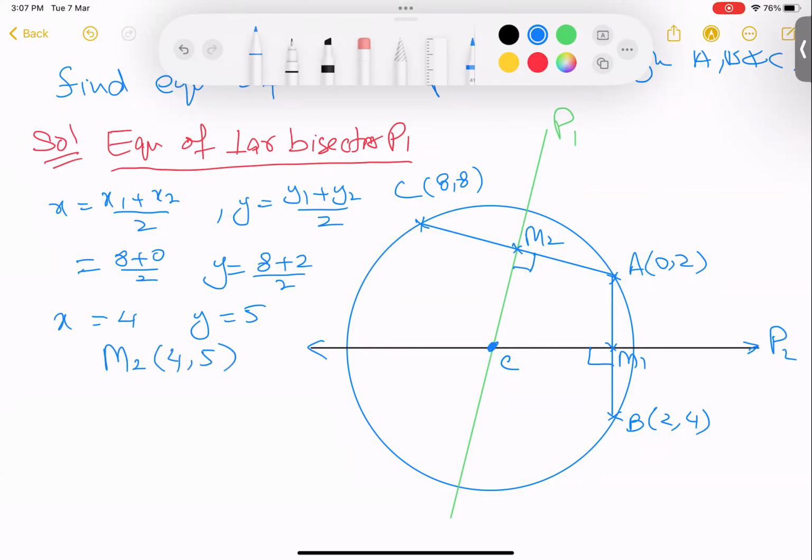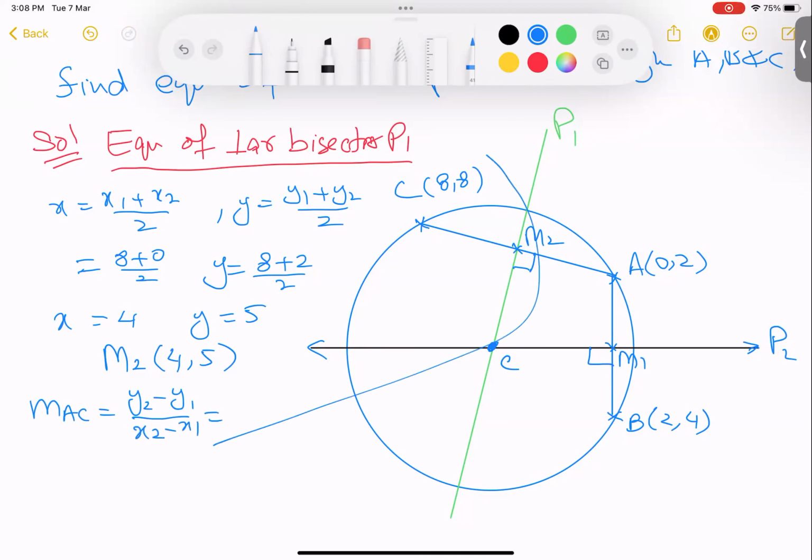Now, as you know, to find the equation of the perpendicular bisector, we need the gradient of AC first of all. The formula is y2 minus y1 over x2 minus x1.